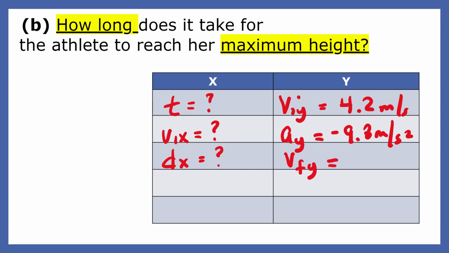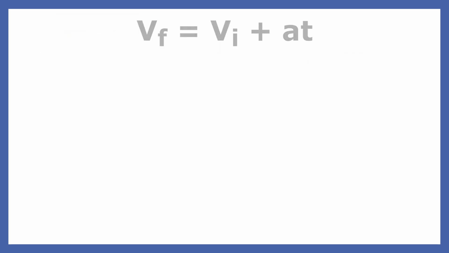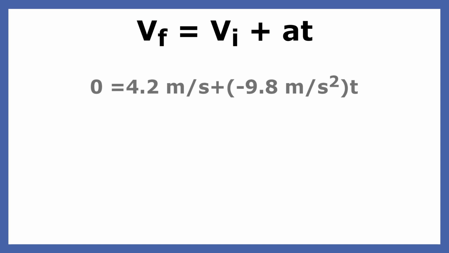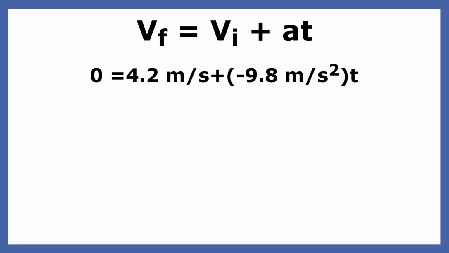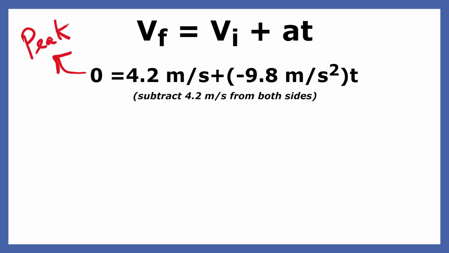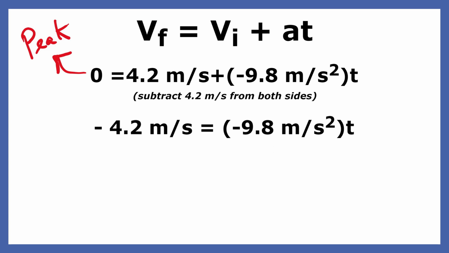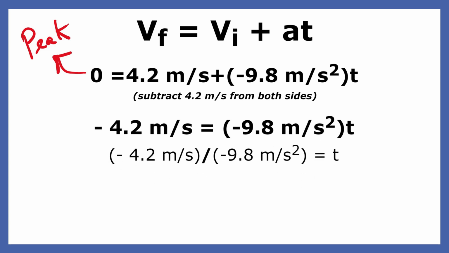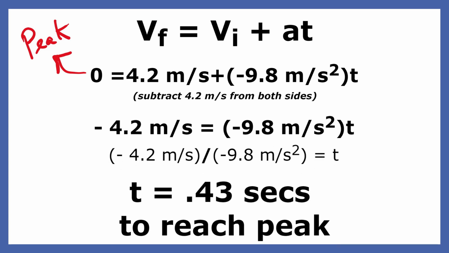As I said earlier, a projectile has no vertical velocity at the peak. We are looking for the time the athlete needs to reach the peak, so we write t equals question mark, and we could write that on both sides. The equation that fits the information that we have is VFY equals VIY plus AT. So we substitute the information we have and use a little algebra, and we get t equals 0.43 seconds to reach the peak.